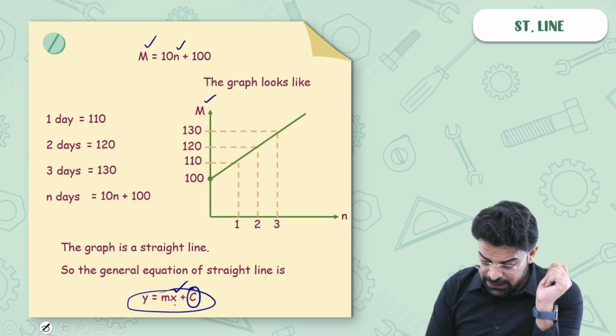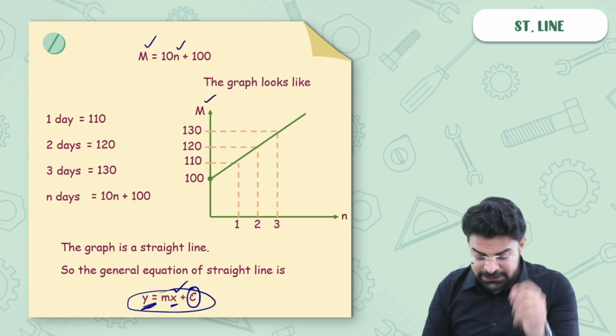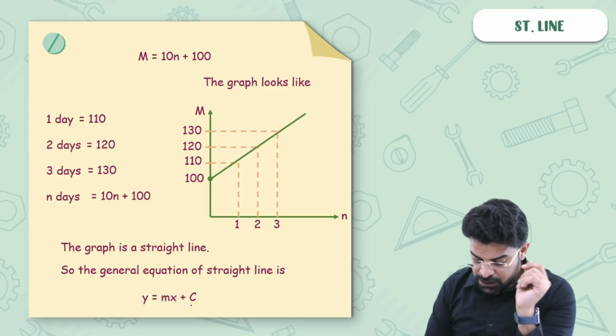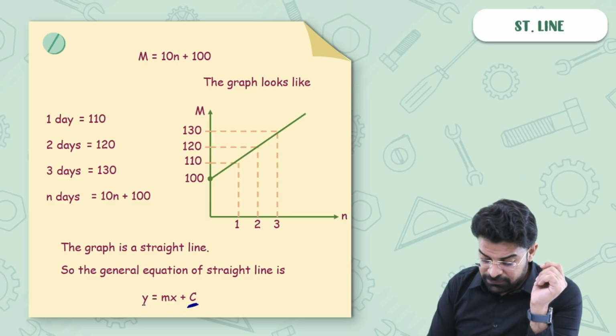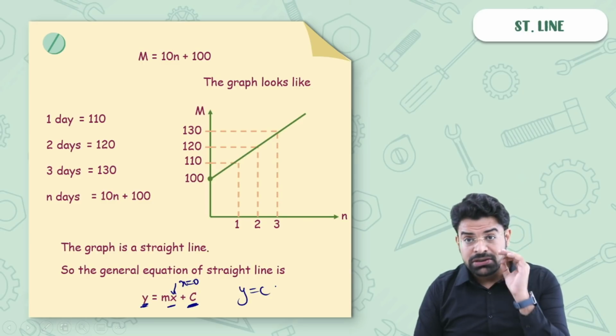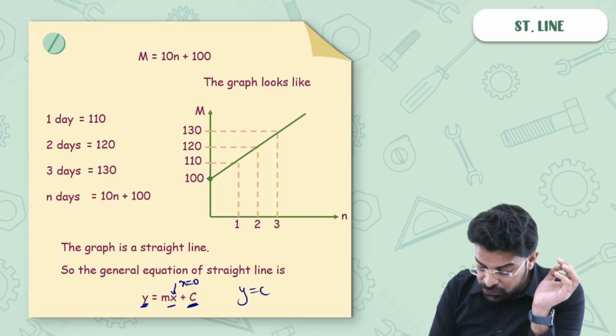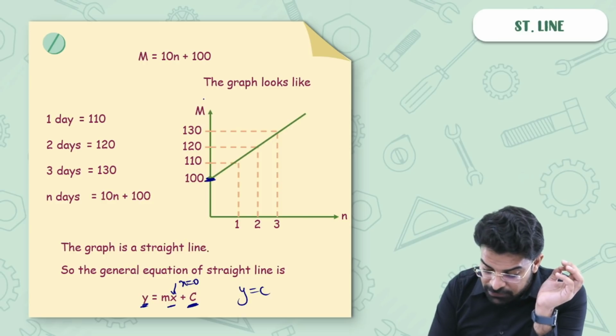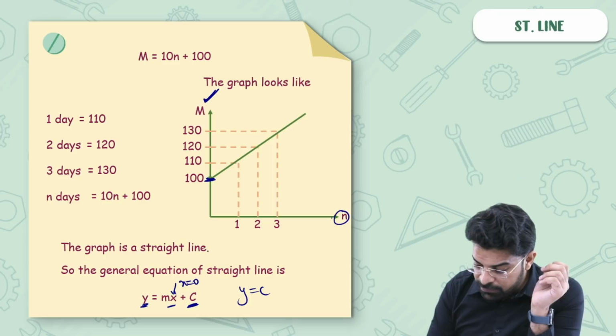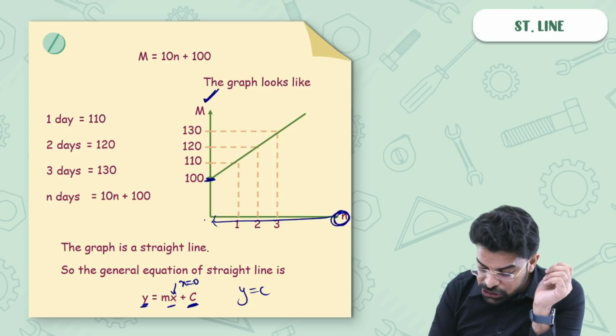C is the value of y when x is 0. Once more, c is the value of y when x is 0. If you substitute x equals 0 here, what do you get? y equals c. So c is the value of y when x is 0.